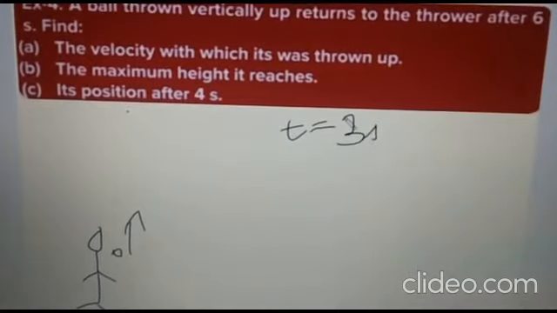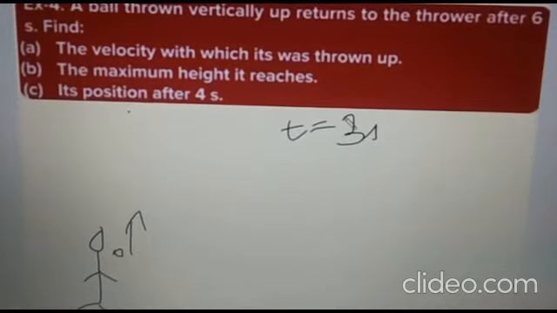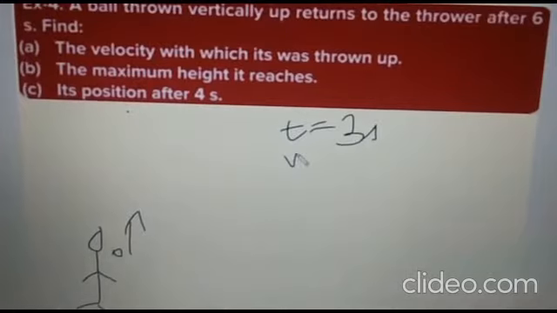Okay, now he says that it is thrown up vertically. So I can say that the final velocity is 0, because at reaching the top height, its velocity will be 0. Now it says to find the velocity with which it was thrown up.